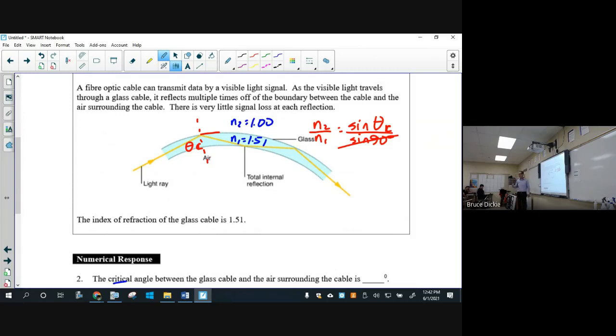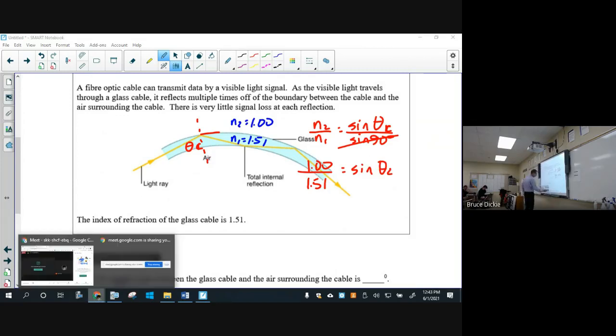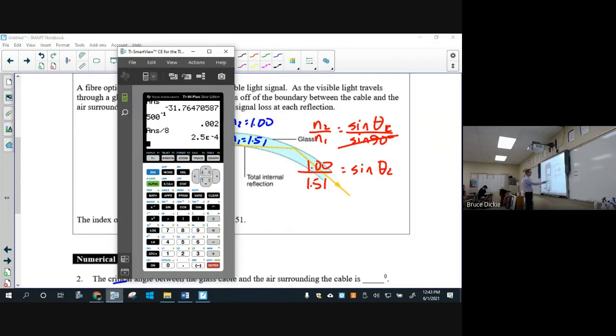Be careful though. If it's just a regular Snell's law problem, not critical angle, you need the sine theta 1 over sine theta 2. Just not here, because it disappears. n2 is 1.00 and n1 is 1.51 equals sine theta C. So we're going to first of all check our calculators, make sure we're in degree mode. Sine 90 is 1.